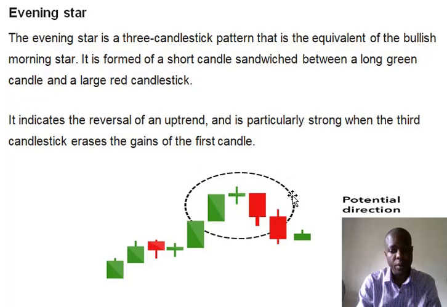This is a bearish signal, a downtrend signal. It is the equivalent of the bullish morning star. It is formed of a short candle sandwiched between a long green and a long red. We call it the evening star.